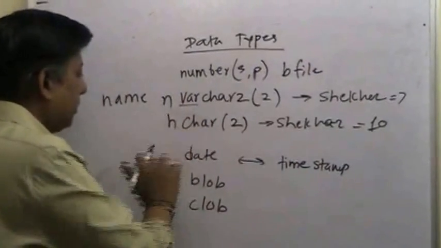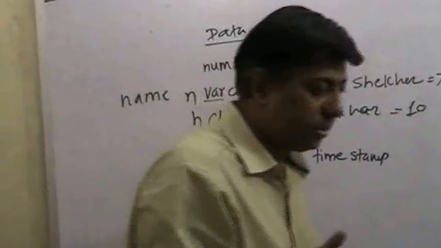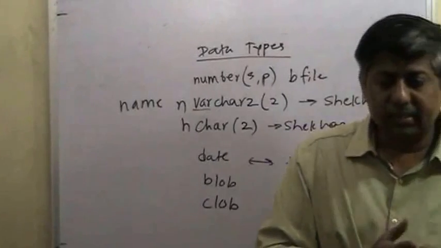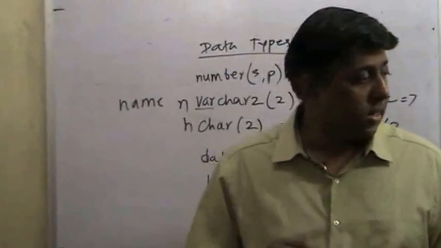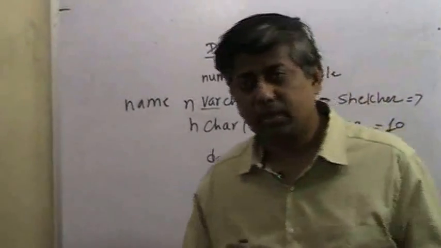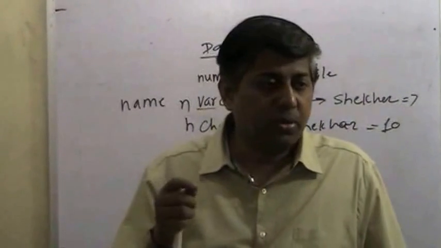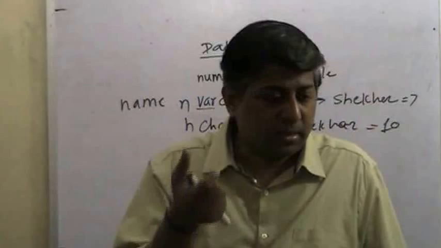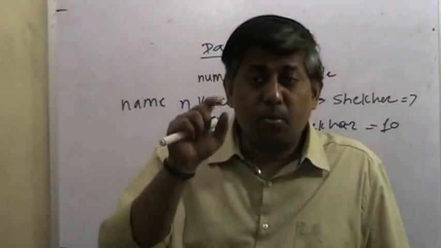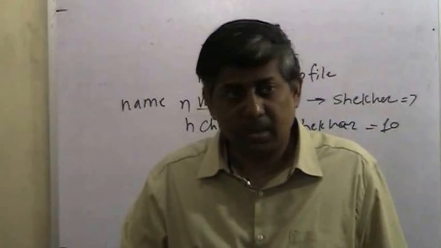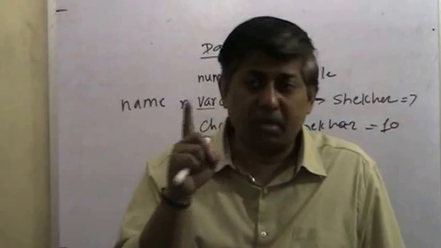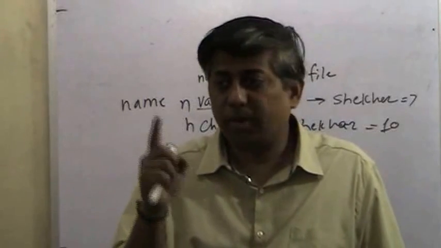Now N is for that globalization business. Globalization basically is when you are trying to store Chinese and Japanese and all different types of data. Why did I mention Chinese and Japanese? Because those are characters which require more than 1 byte. In English, one character is 1 byte. A is 1 byte, B is 1 byte, C is 1 byte.